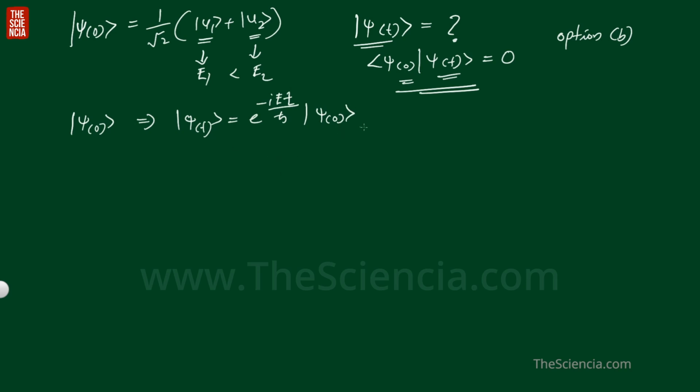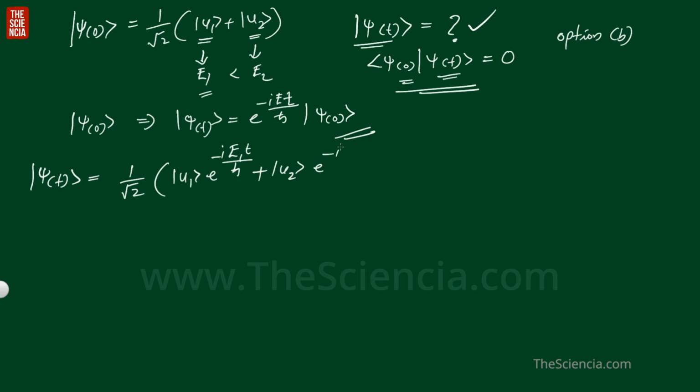So we use this equation to find psi of t. That is, psi of t is equal to 1 by root 2 times ket u1 e raised to minus i E1 t by h cross, since the energy associated with the state u1 is E1, plus ket u2 e raised to minus i E2 t by h cross.